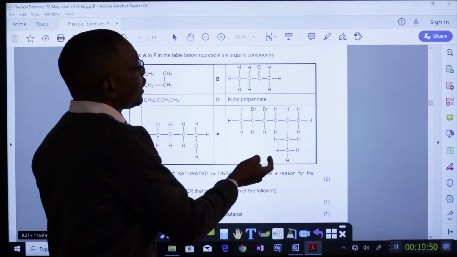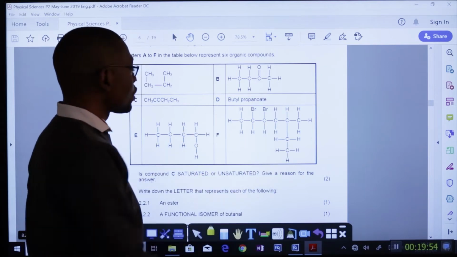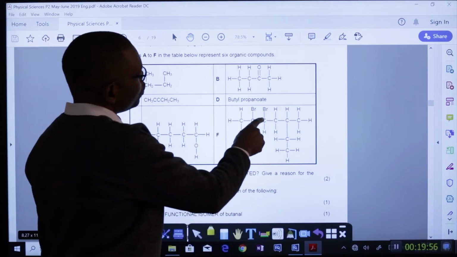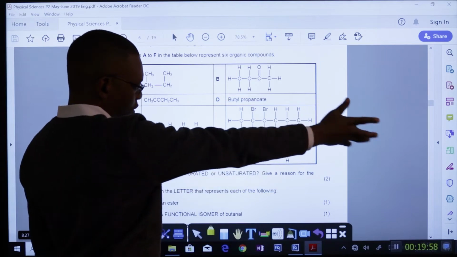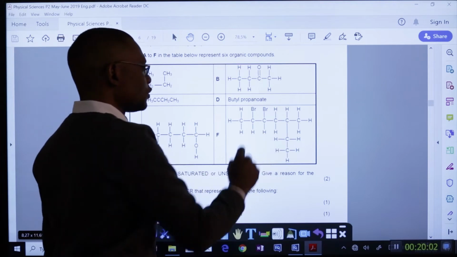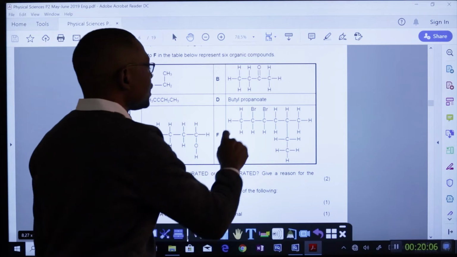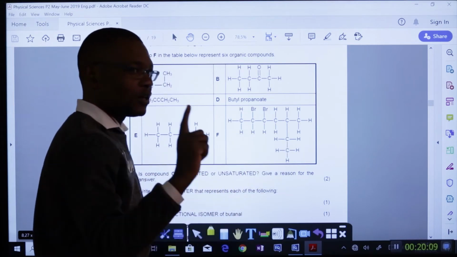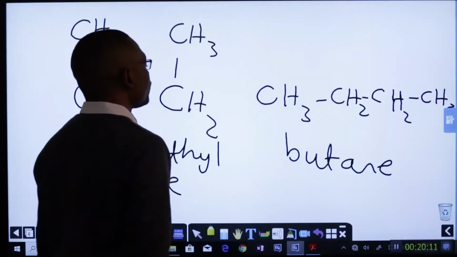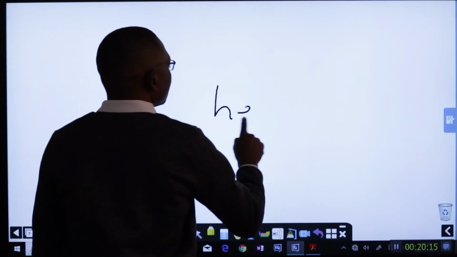We can count how many carbons we can count continuously. So like in this case, this can be 1, 2, 3, 4, 5, 6. Or 1, 2, 3, 4, 5, 6, 7. So our longest chain is going to have a 7 carbon chain. So with 7 carbons, it's going to be a heptane.